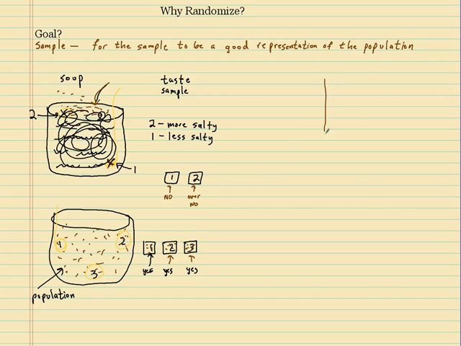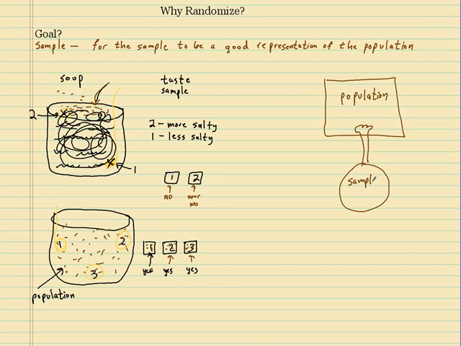Remember, whenever we have a population and you reach in and take a sample, which is a subset, if the population looks like this, your sample should also look like your population. That's a very, very important aspect.